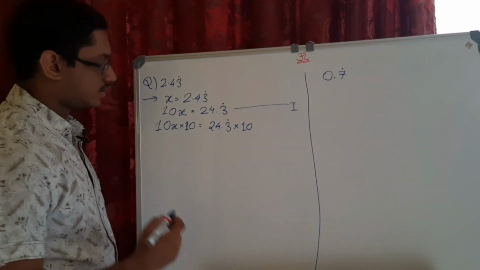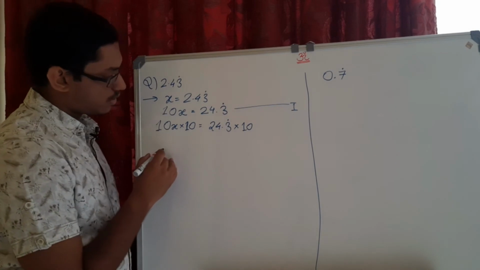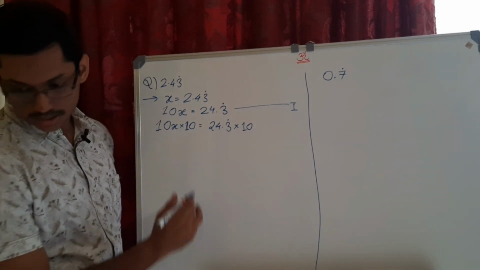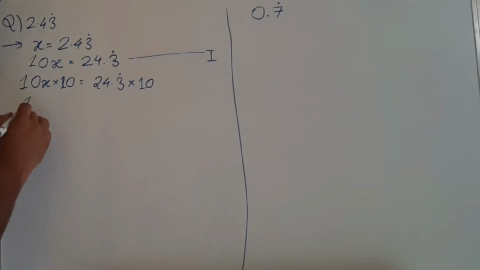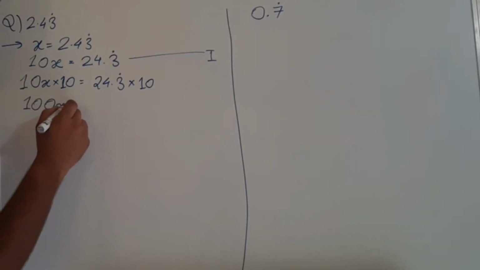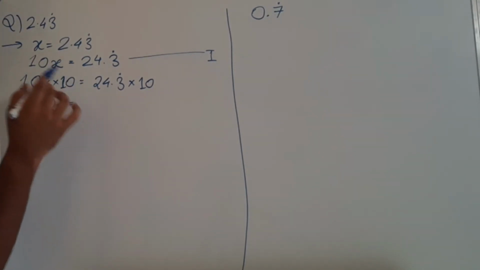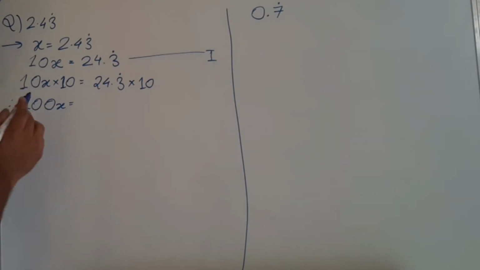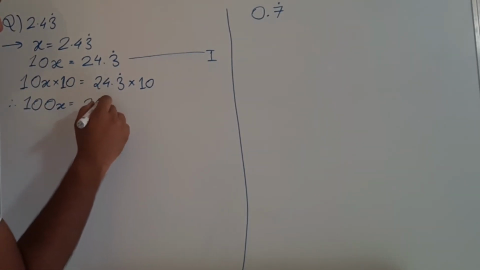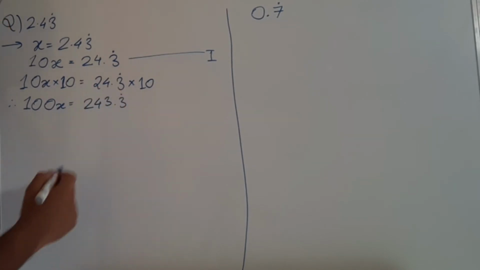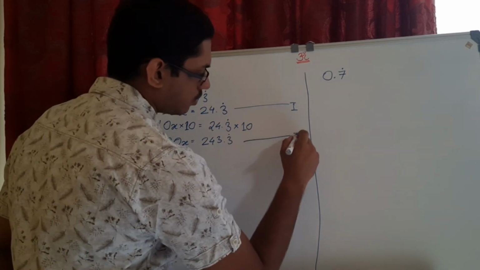All right, so 100x is equal to 243.3 dot. Now the method, you know what to do.